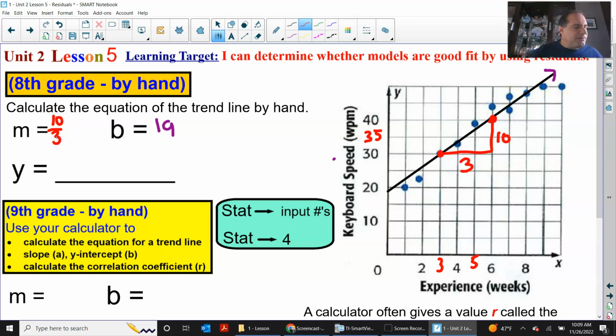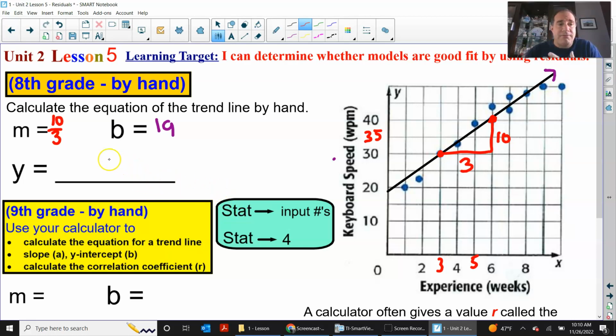And a lot of people get confused about when we divide the rise and the run. Sometimes we divide, sometimes we don't. On a trend line like this, we're always going to divide to get the slope. We don't need rise over run, so we need what we have right here.